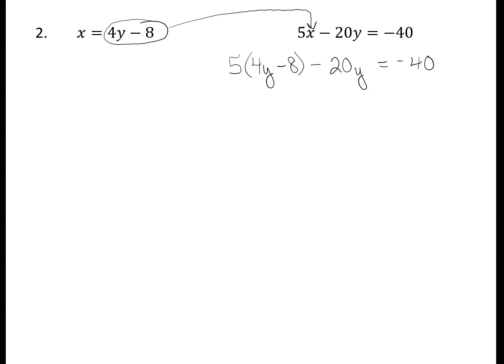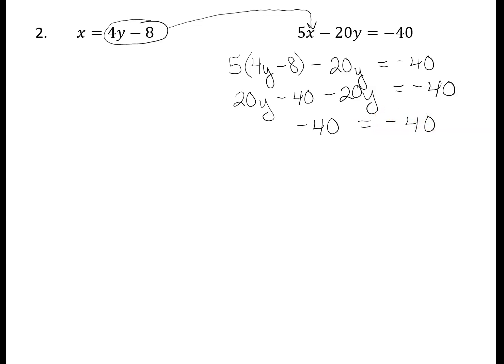Okay, so let's go ahead and solve. We're going to distribute the 5. And then we are going to combine like terms. So we've got 20y minus 20y, that's 0. So we actually do not have a y at all. I'm just going to drop down the -40, and we also have -40 on the right side.